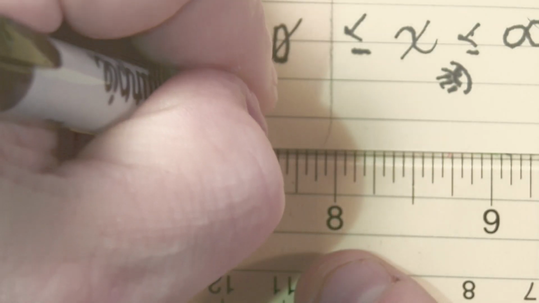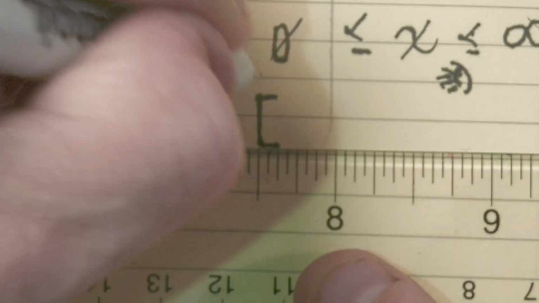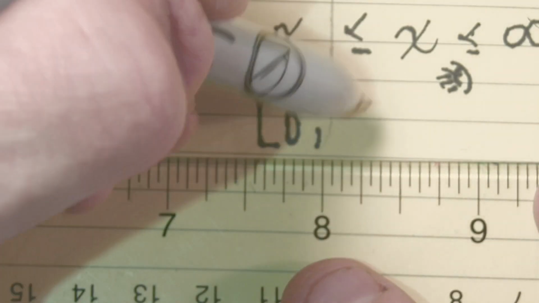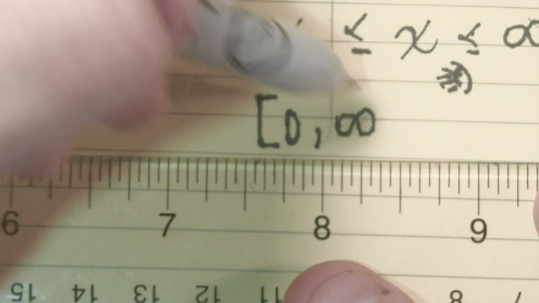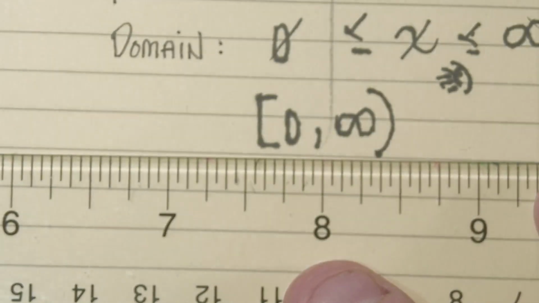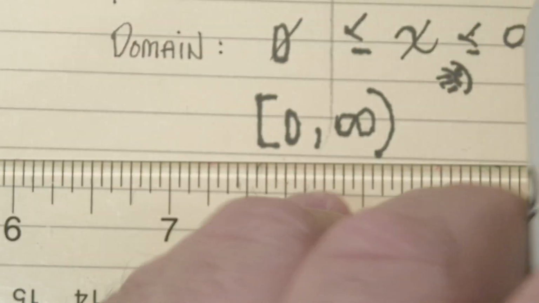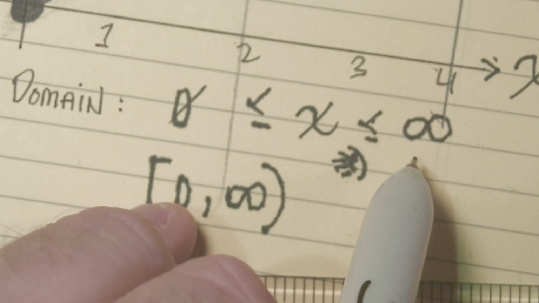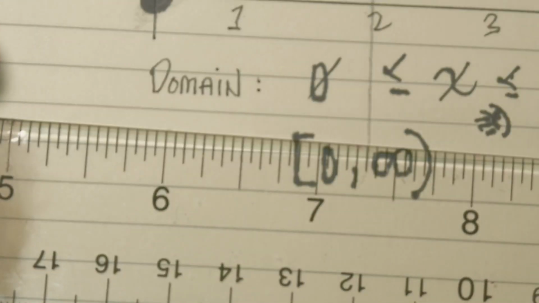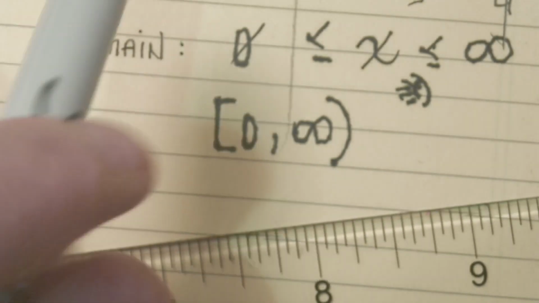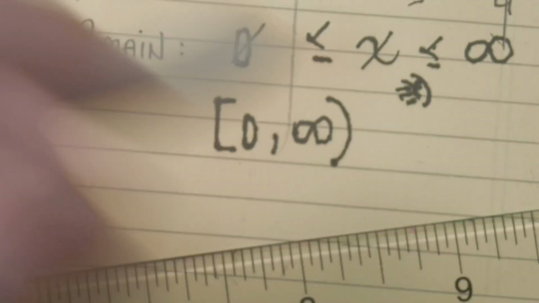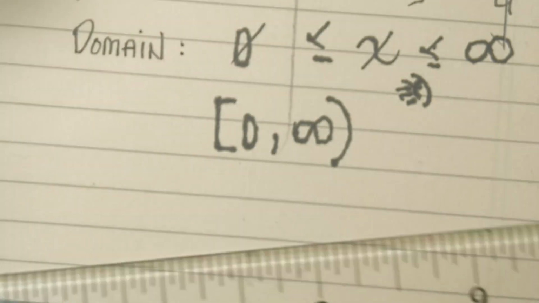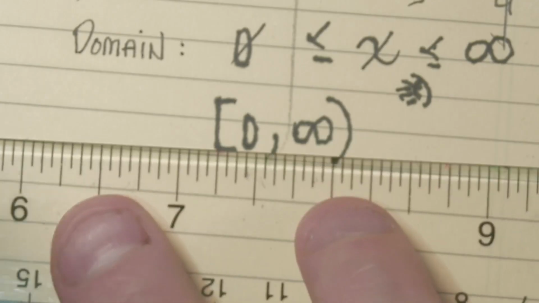You use this bracket and you say 0, comma, infinity, and then infinity always takes the parenthetical closure. And now again, read this. X is always less than or equal to infinity. Okay, so infinity is greater than or equal to x. So does this make sense? This right here? That's way 2. This is also the domain.